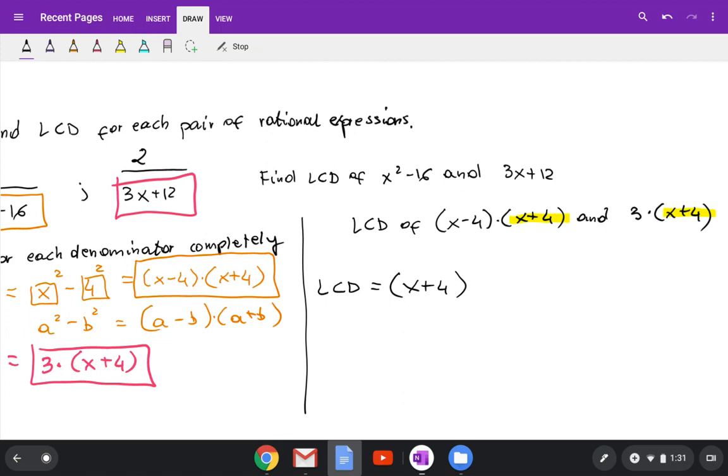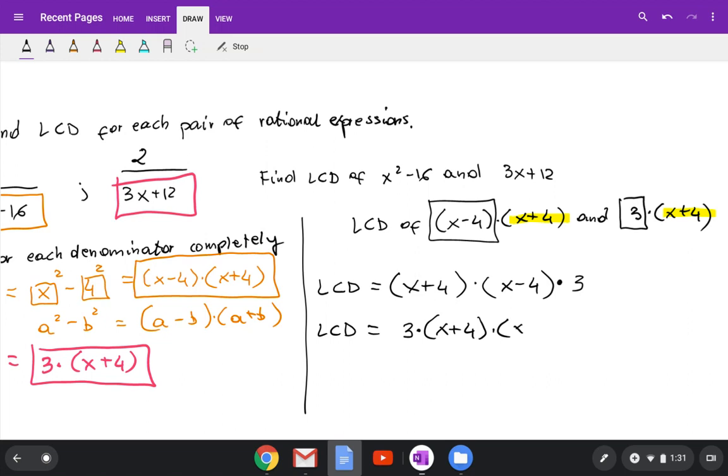So what is not repeating? We have x minus 4. So multiply that by x minus 4. And from the second denominator, the remaining unique factor is 3. So you need to multiply that by 3. So the LCD will be 3 times x plus 4 times x minus 4. Okay, so that's our solution.